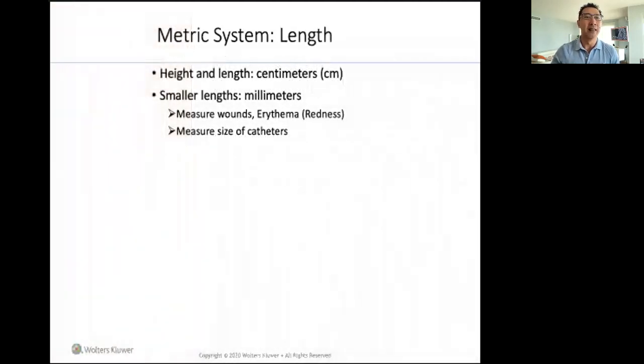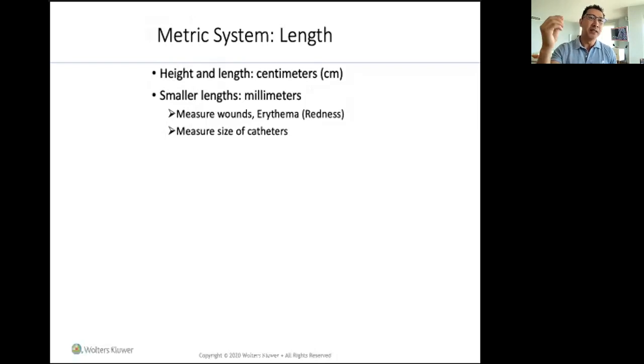Next, length. We're also going to be converting. We like to use centimeters in our hospital setting. When you get to a Valley Health System hospital, such as Henderson, Desert Springs, Centennial, Spring Valley, Valley Hospital, I'm missing one, on top of the chart you're going to see the patient's height and weight.